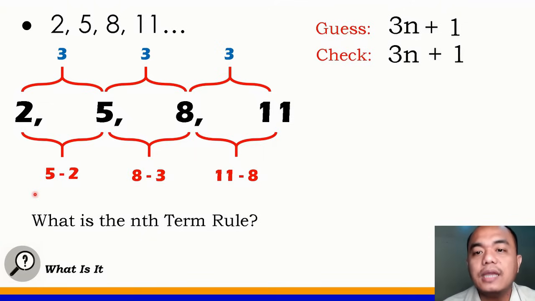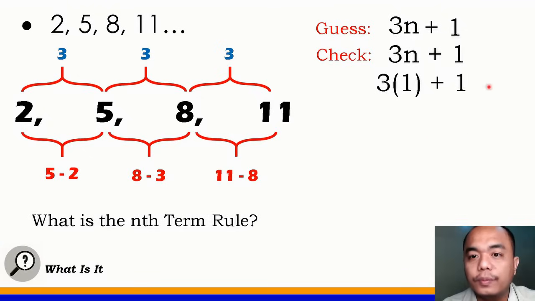So let's use 3n plus 1. So we will get the first term here. If we get 2 after computing this, then our n term is correct. The 1 here represents the first term. Ito yung 2. Sige. So that is 3 times 1.